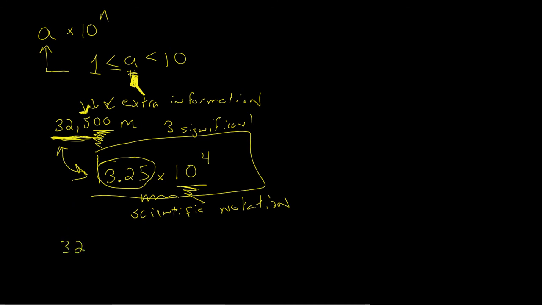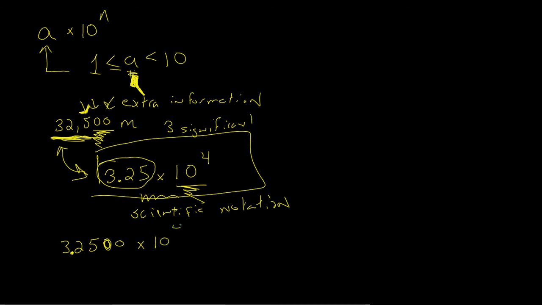What I did was, my number A has to be between 1 and 10, and it can't be 10. So 3.2 is a number between 1 and 10. And then I count how far I have to move the decimal place. 1, 2, 3, 4 to get back to my original number.